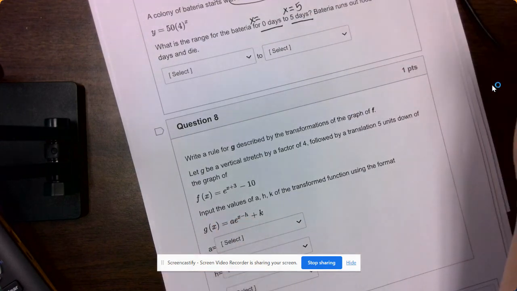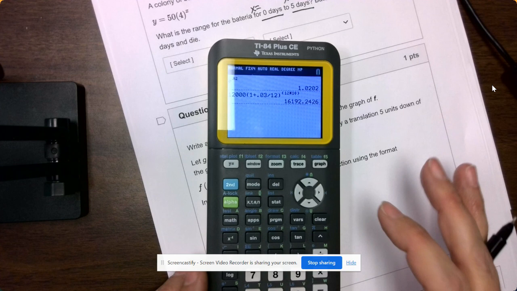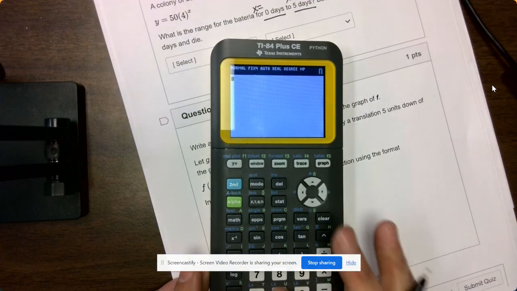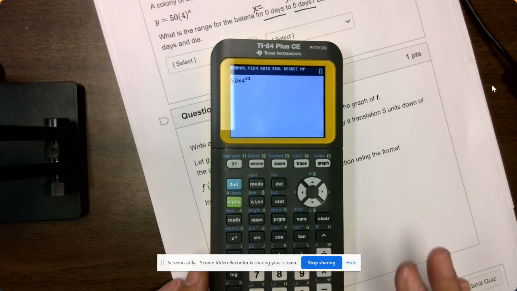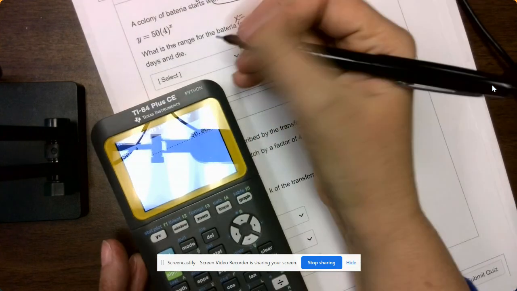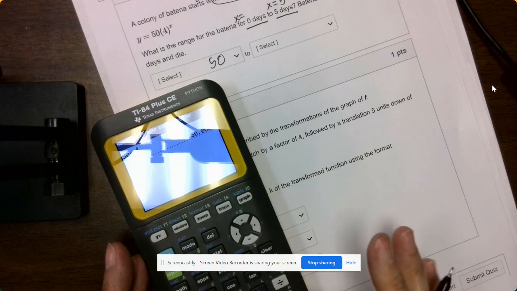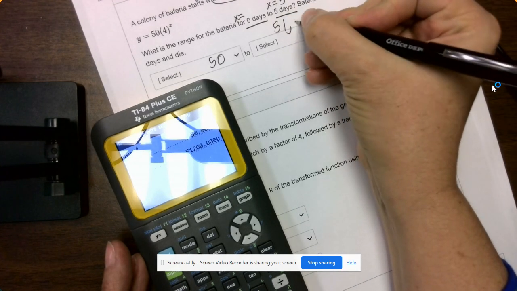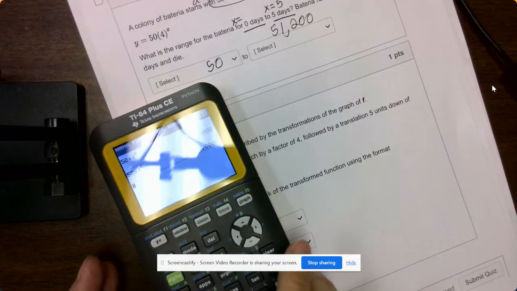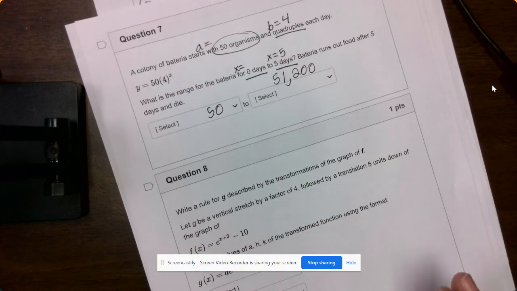So 50 times 4 raised to the 0 power, we get 50. And then 50 times 4 raised to the 5th power, we get 52,200. Okay, so that would be our range, everybody, our Y values.